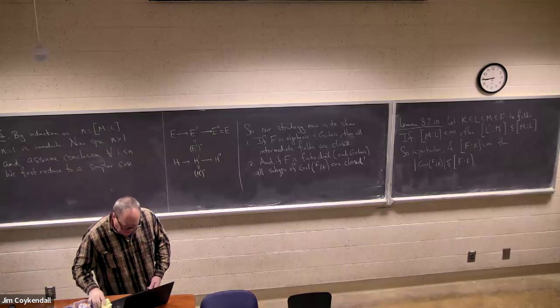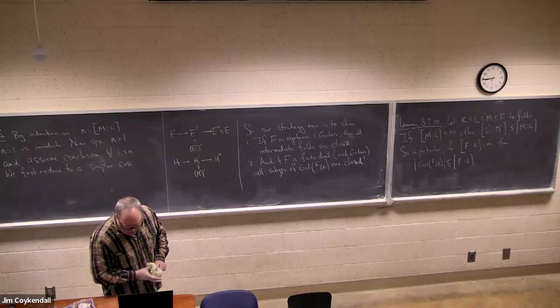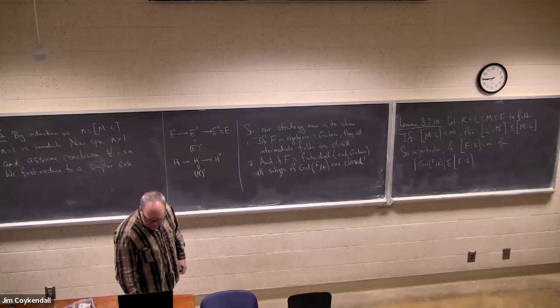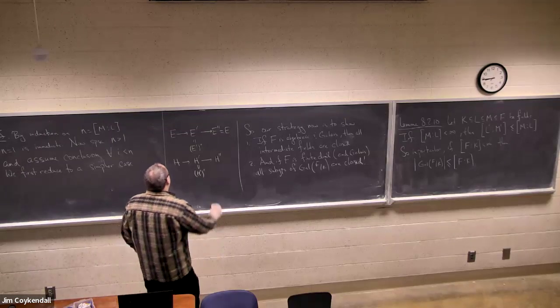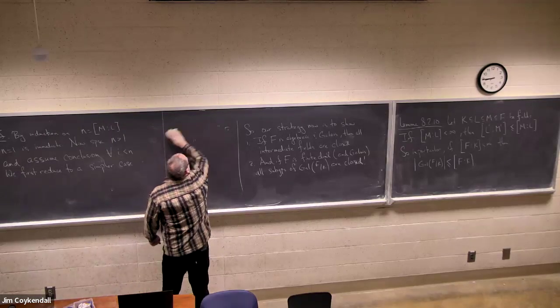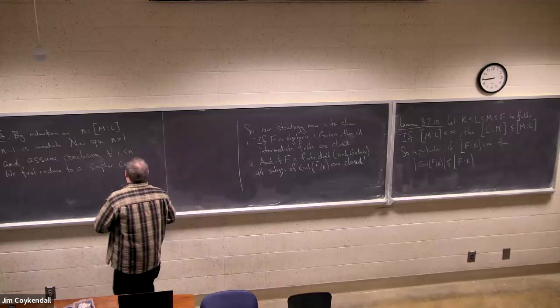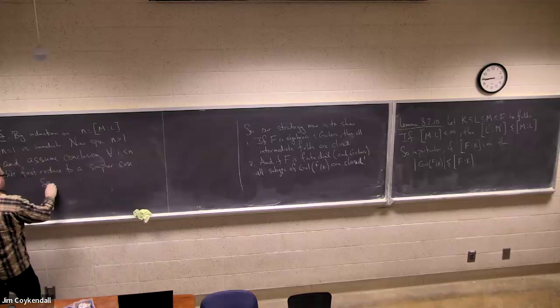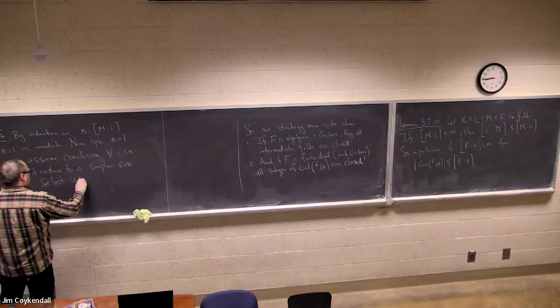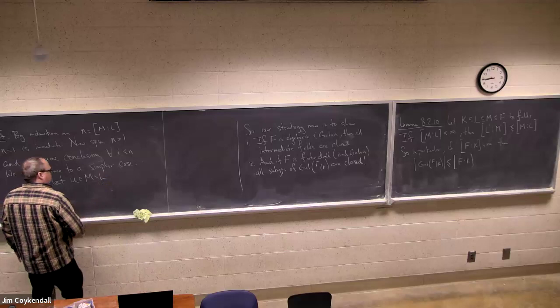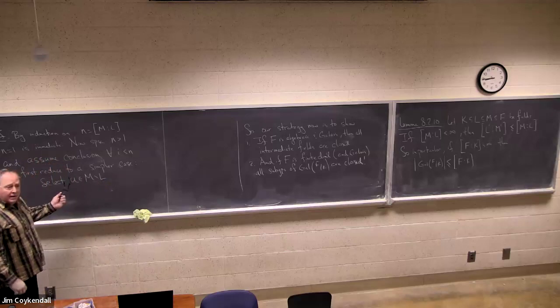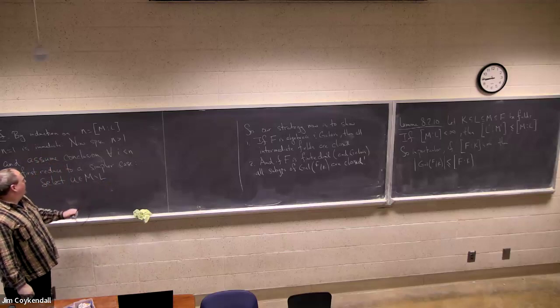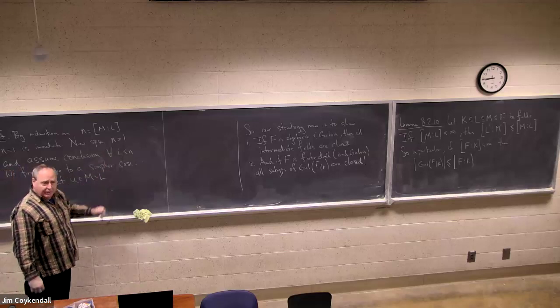In what sense? I'm going to select a u in M, but not in L. And of course, I can do this because I'm assuming that n is bigger than 1.